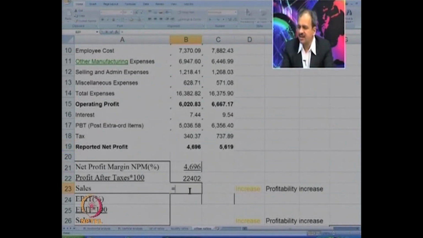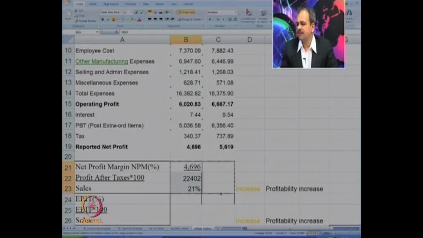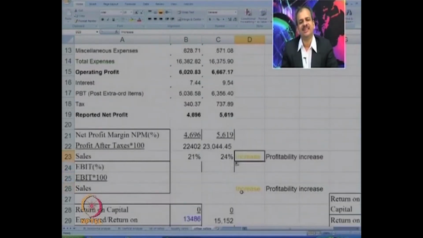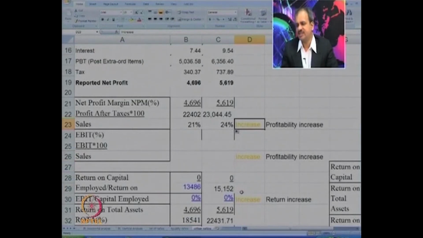So, the answer is 4692 divided by 22402, so 21%. Are you getting it? The same thing we will drag to next year. So, next year we get 24%. So, on the whole there is an increase in the profitability, a good amount of positive change for the company.